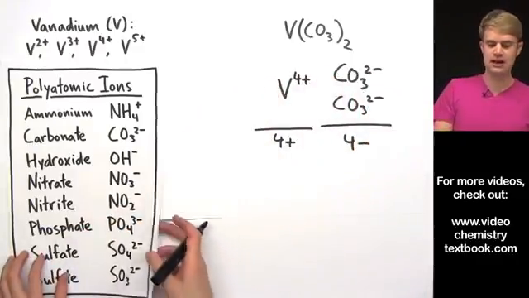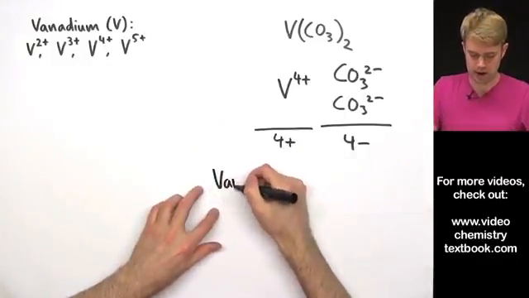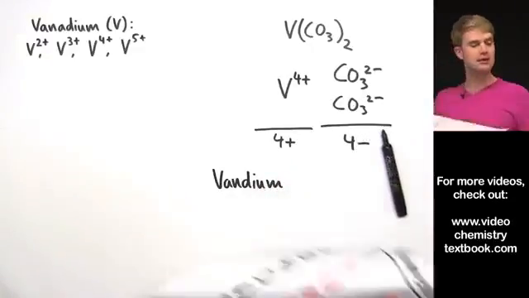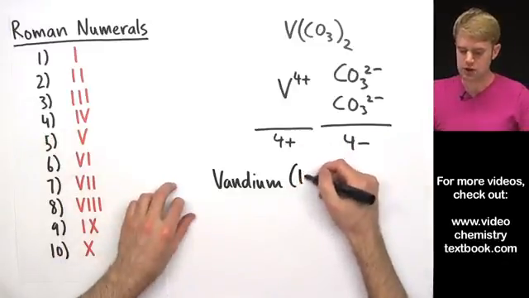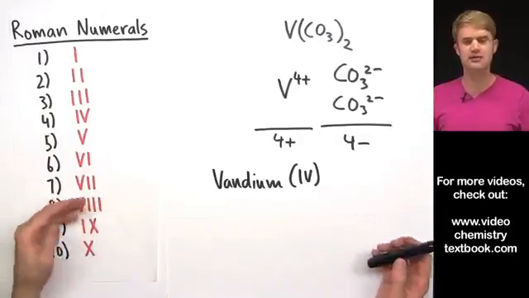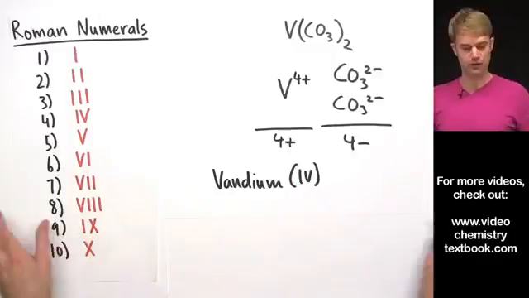So it's vanadium 4+. So we're going to call this compound vanadium. Now the Roman numeral for 4 might be a little bit unfamiliar to you. It's IV. It's a good idea to memorize the Roman numerals at least up to 7, which is probably the highest ion charge you're ever going to see. So vanadium(IV) for 4.